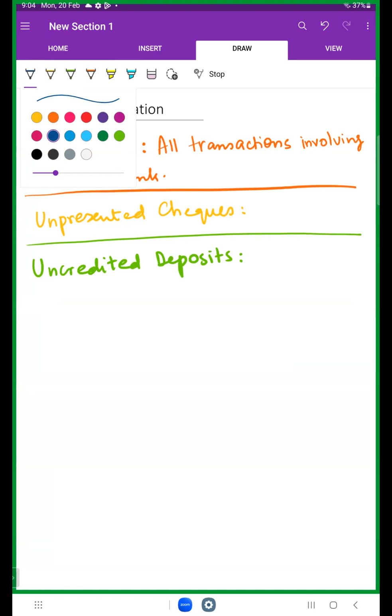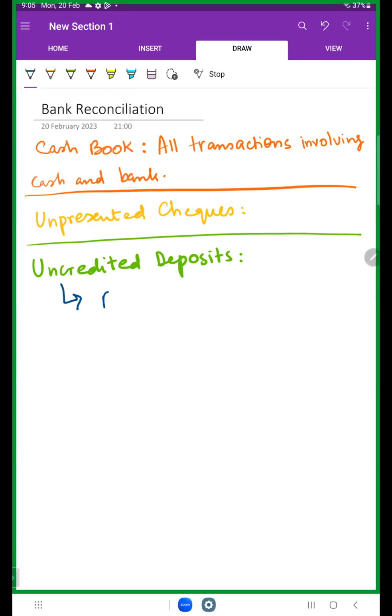We are assuming that bank has immediately recorded it, but in actual it's not recorded in the bank statement until it has passed through the process of clearing, right? And these uncredited deposits are also known as bank lodgements. So the part that you were mentioning, bank lodgements not yet credited, are basically my uncredited deposits.